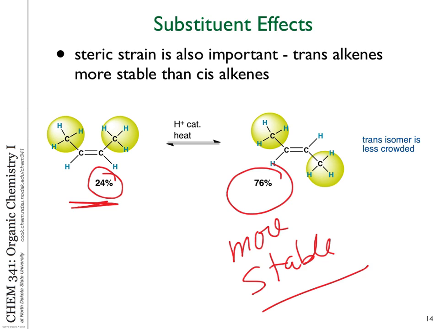And it clearly shows that that steric interaction is important for the stability. If these groups are even larger, it's even worse. If these were, instead of a methyl, if these were both tertiary butyl groups, you would have none of the cis isomer and almost exclusively the trans isomer. Because then you have even more steric properties.